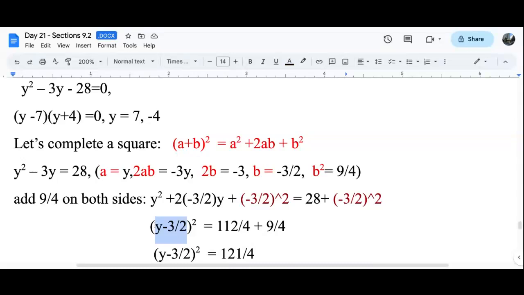That is y minus 3 over 2 squared. Does this make sense? Or anyone has any questions?